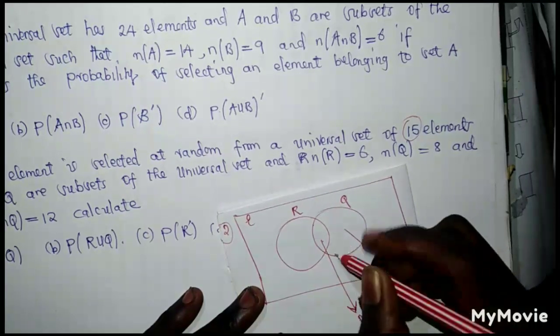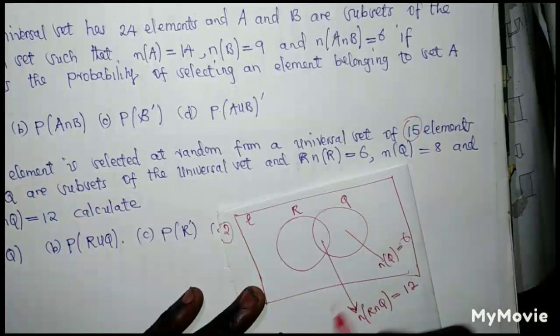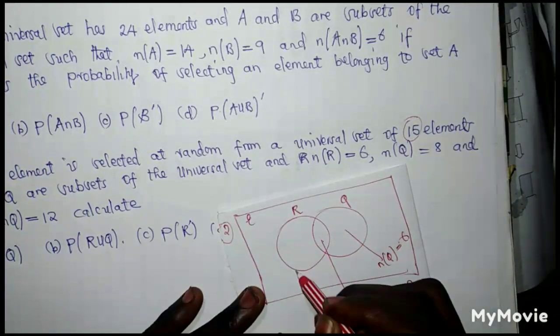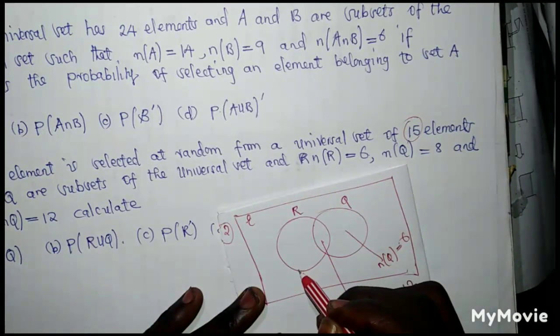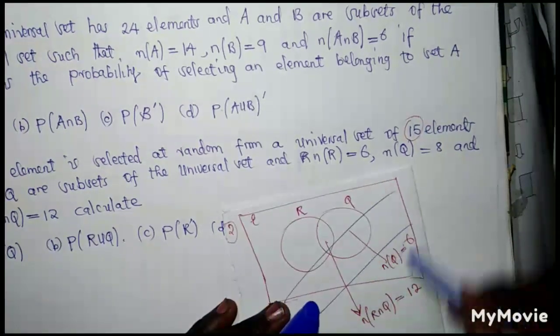Q is equal to 6. Okay, so here we have 6 and here we have, okay, so cancel this one.